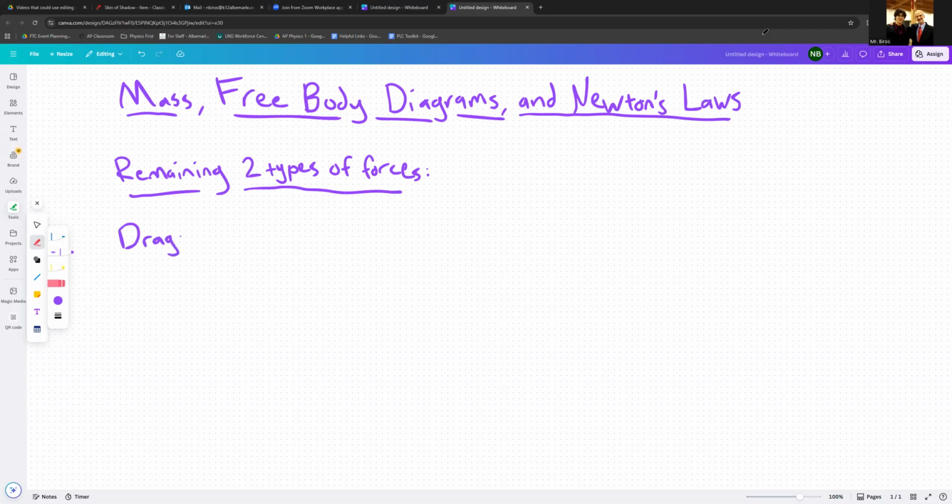we'll find this is not limited to just air resistance, but drag in general is a resistive force. So like friction, it resists things. In this case, it resists the motion of the object.